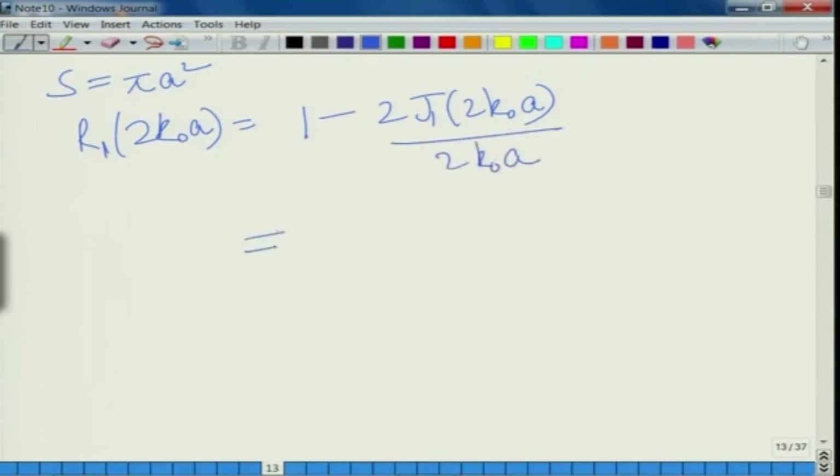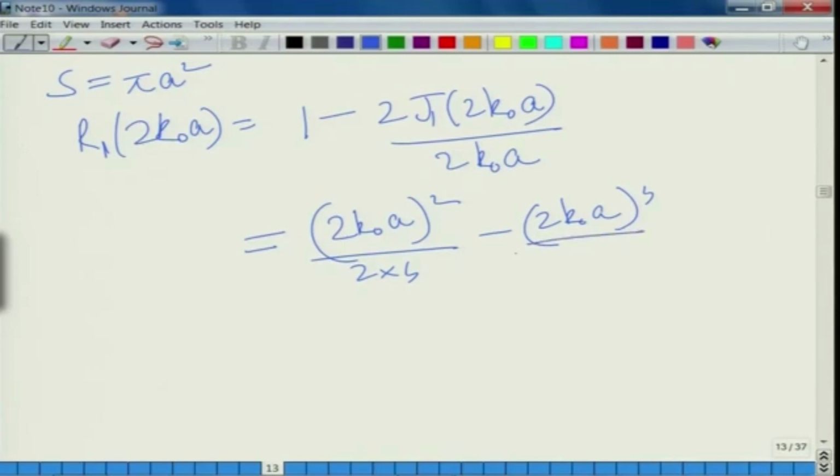When you simplify this, if you recall from probably the first lecture of this week, we get the square of this times 2 times 4 minus 2 k naught a to the power 4 divided by 2 squared into 4 squared into 6 squared, and plus your higher order terms.